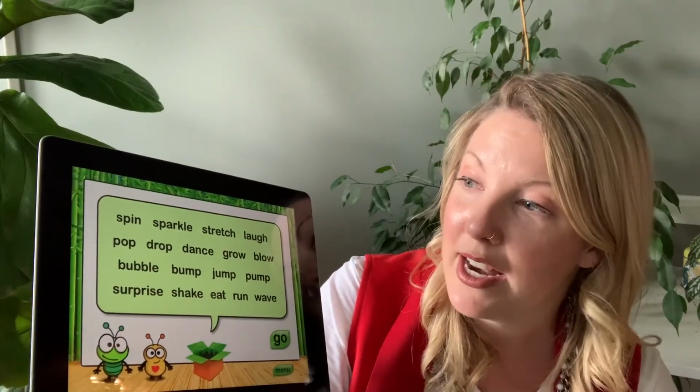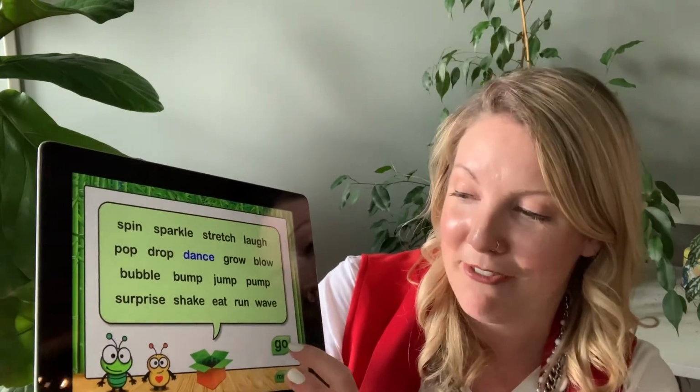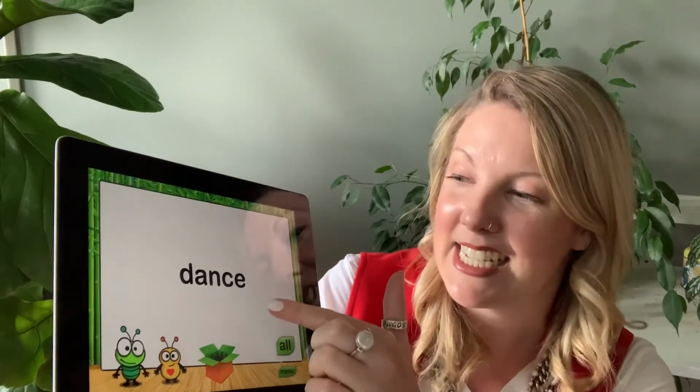So let's click on a regular verb. I really like this one, it's my favorite. So we click go. Perfect. And you can see that the little characters move when you first click on, but this is what I love about dance.